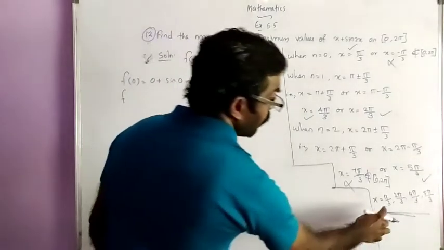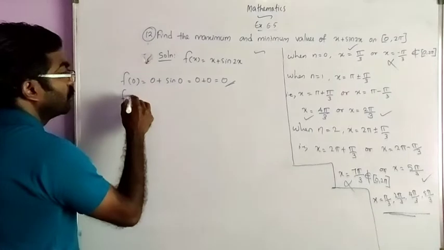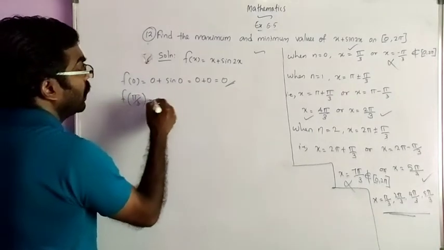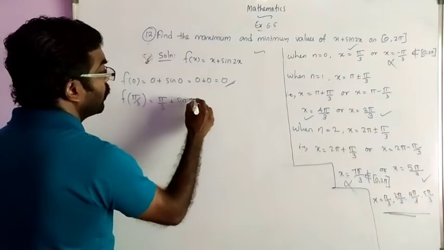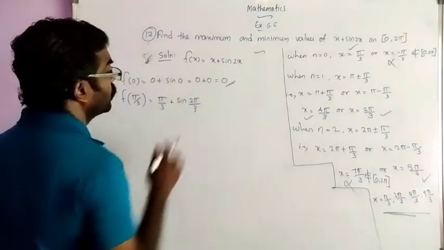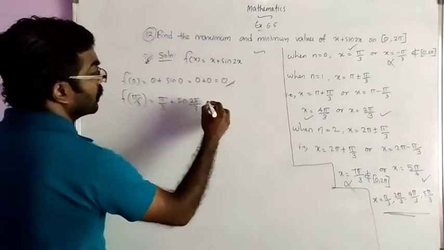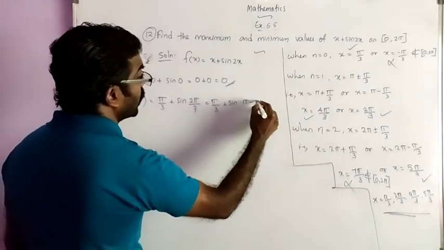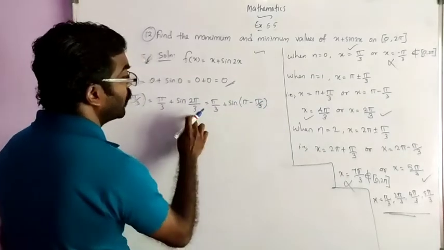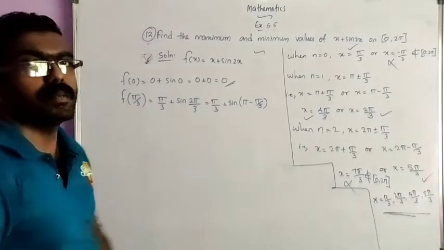Then f of pi by 3 is equal to x value pi by 3, plus sine 2x, 2 into pi by 3. So this can be written as pi by 3 plus sine pi minus pi by 3. Sine 2 pi by 3 can be written as sine pi minus pi by 3.